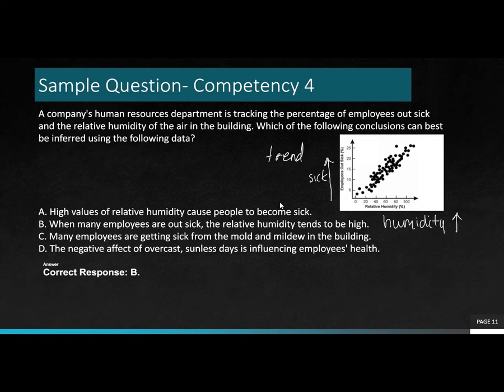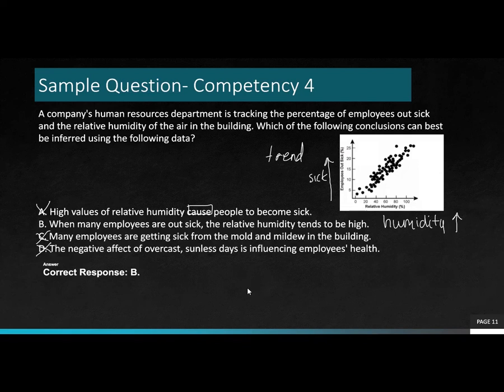We look at this. So as you look at your choices, nothing about this says humidity causes people to be sick, so we can eliminate that. Nothing says definitively that people are getting sick from mold and mildew in the building, so we can eliminate that. And there's nothing even mentioned about the number of overcast, sunny, sunless days, so we can eliminate that.